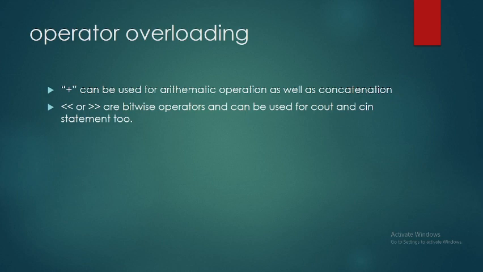But it can also be used as a concatenation operator, to bring two strings together. Likewise, the two symbols I've mentioned are bitwise operators, shift left or shift right. But they can also be used for the cout and cin statements.